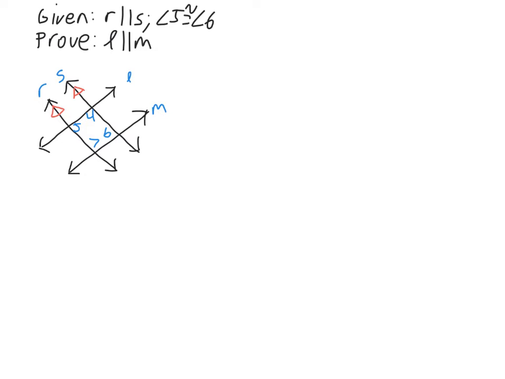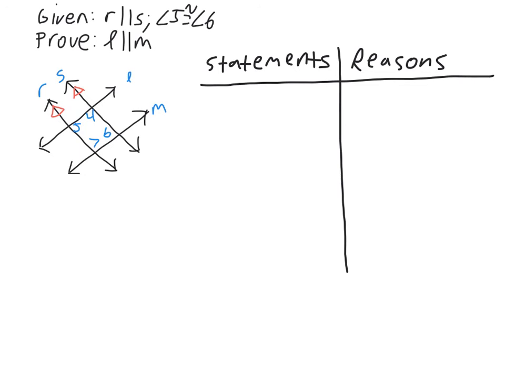To do this, we're going to do what's called a two-column proof. In the two-column proof, you have two parts: the statements and the reasons. The statements are things you say that are true. The reasons are why they're true. The first thing we always start with is our given, the stuff that's given to us.